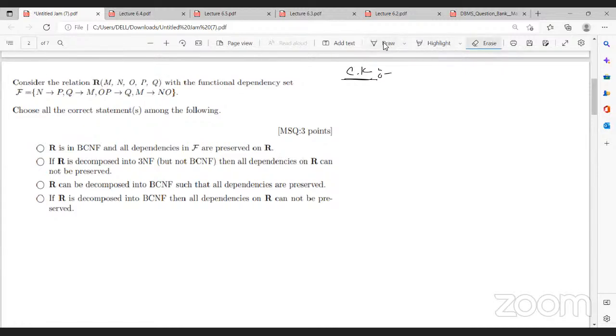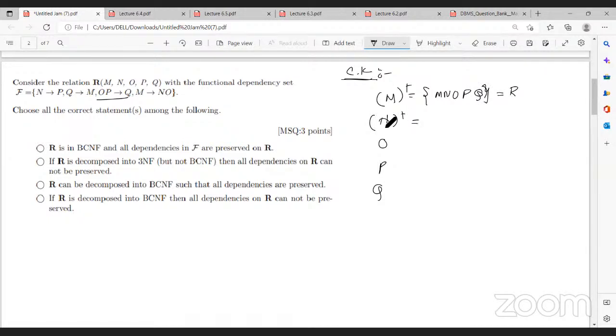So in that case, I simply take the closure of all the attributes M, N, O, P, Q. If I take the closure of M, I get M, N, O. From N, I will get P. From OP, I will get Q. So I am getting all the attributes present in the relation R.